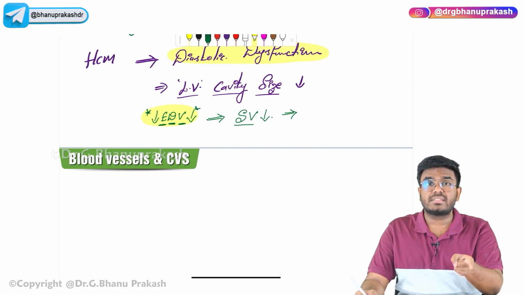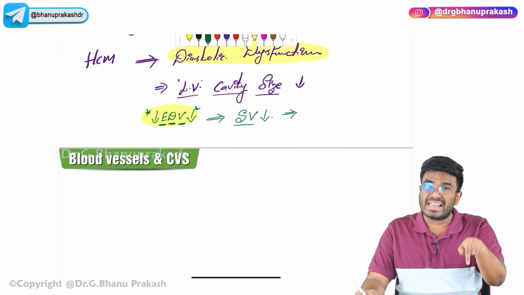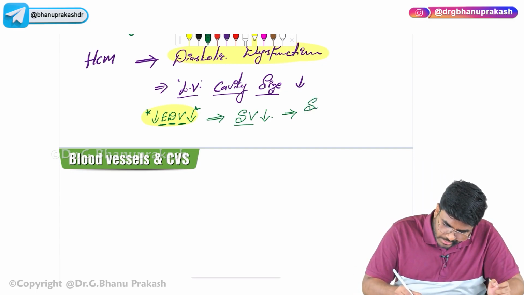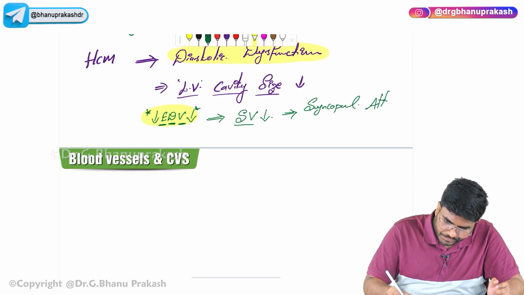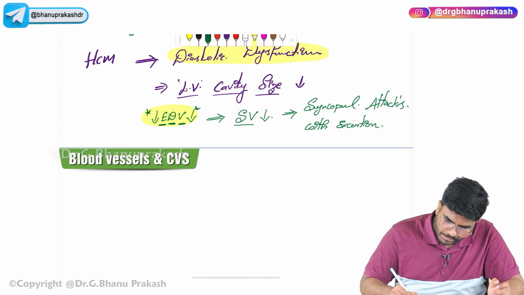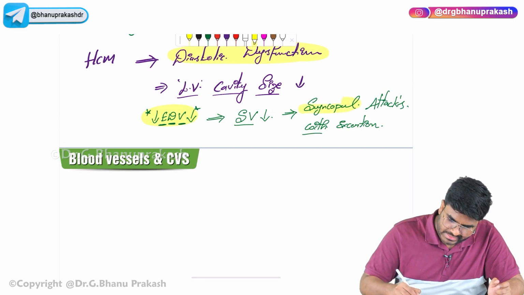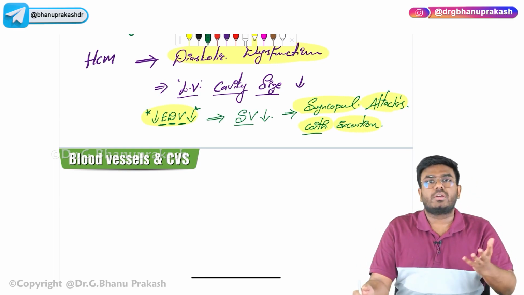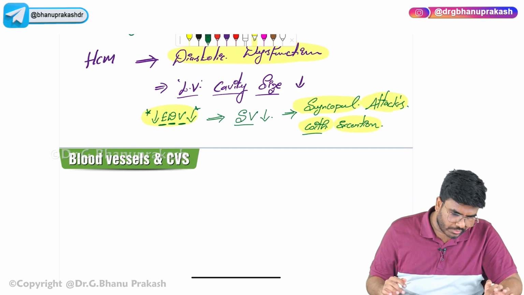If diastolic time decreases, time for filling decreases, less filling will happen, and that will lead to syncopal attacks. So with exertion, the patient is going to have syncopal attacks. That's why whenever this patient does some activity, he will go into unconsciousness. That's the point which I want you to know.